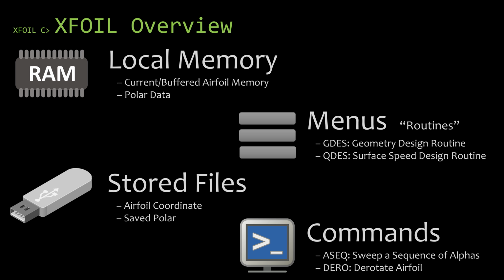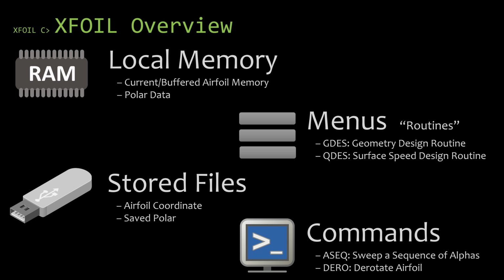As I said before, Xfoil is just a hierarchy of menus. The top level gives you access to a handful of other menus, and then inside of those menus you might get access to a sub-menu. And each of these menus has commands. The commands are the actual code, what's used to either change your data.